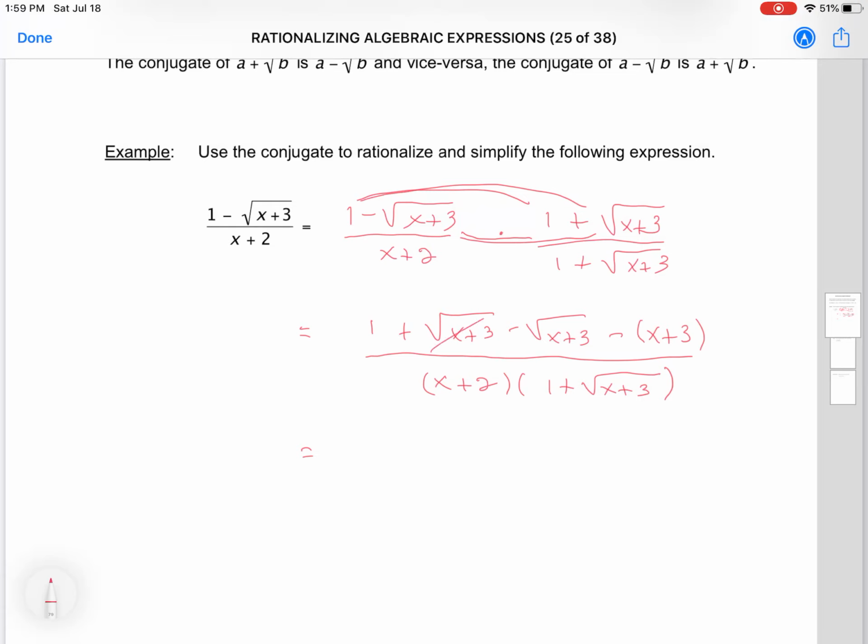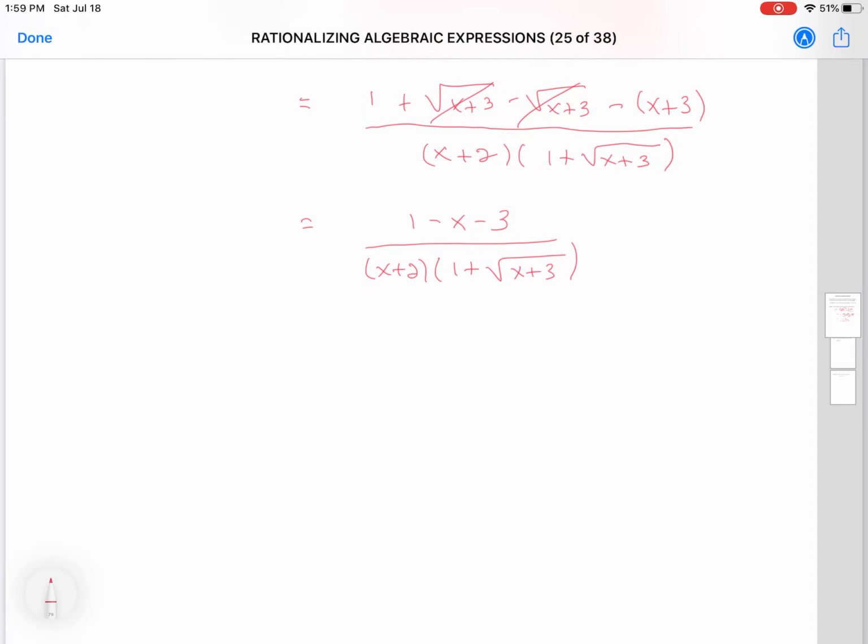Now, in any conjugate rationalizing expression, the middle terms always disappear. So what we have here is 1 minus x minus 3 over x plus 2 times 1 plus the root of x plus 3. Clearly, the numerator, 1 minus x minus 3, is really nothing else than minus x minus 2, isn't it?